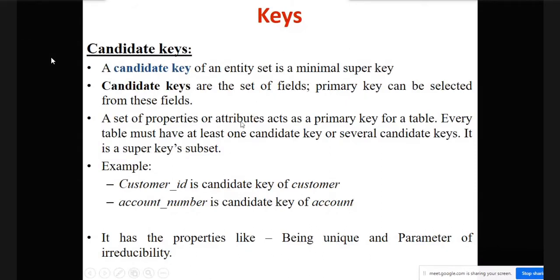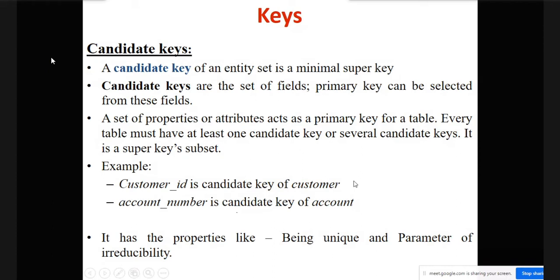A set of properties or attributes can act as a primary key for a table. So I am saying this can act as my primary key. Every table must have at least one candidate key or several candidate keys. It is a super key subset. A candidate key is always a super key subset.